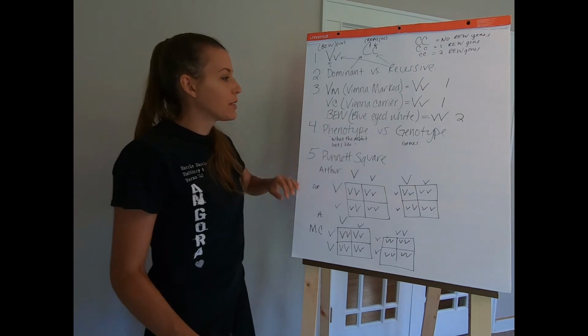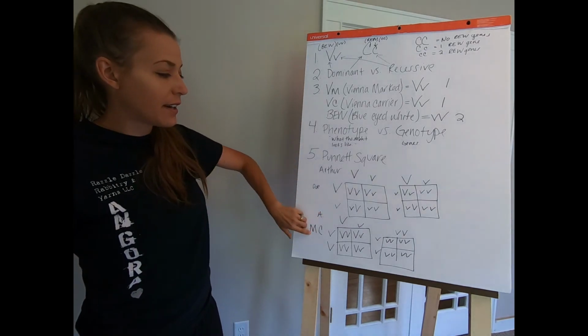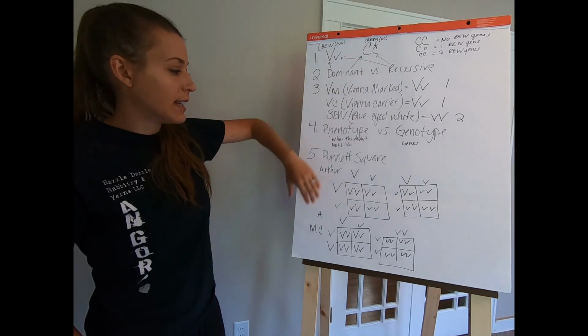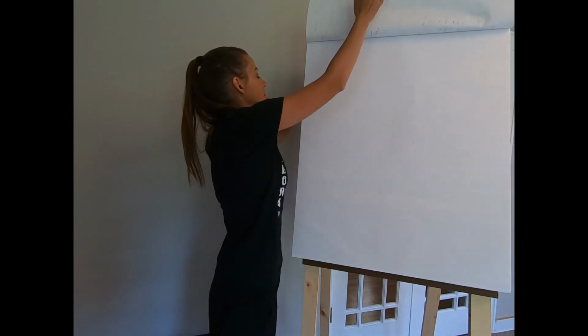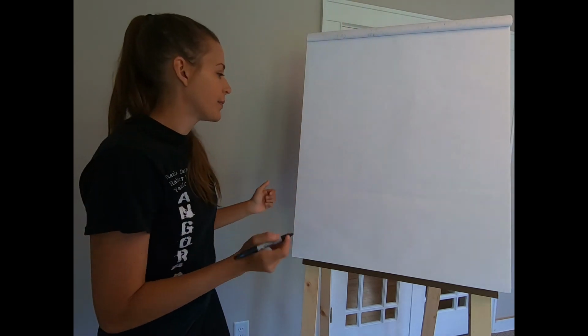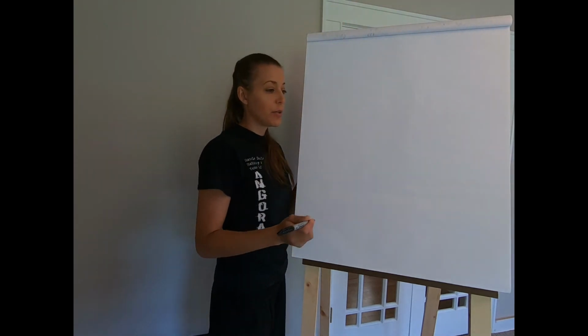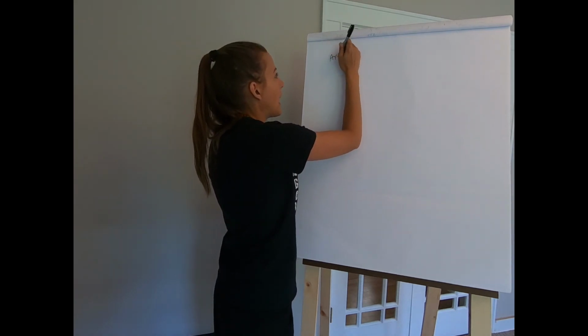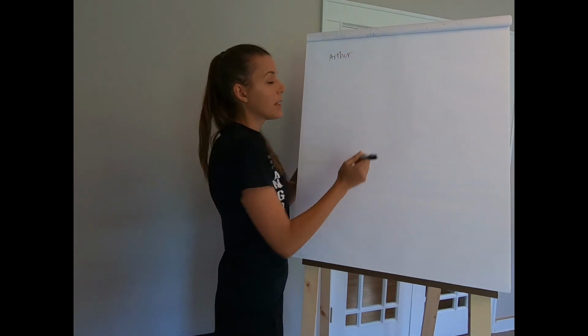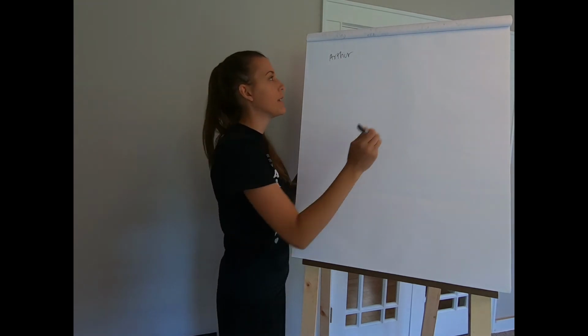So when you're looking at that, let's take Arthur and Mariah Carey. Let's take these 2 genes, and I want to show you just with the recessive red-eyed white genes. I know Arthur does not carry the red-eyed white gene.